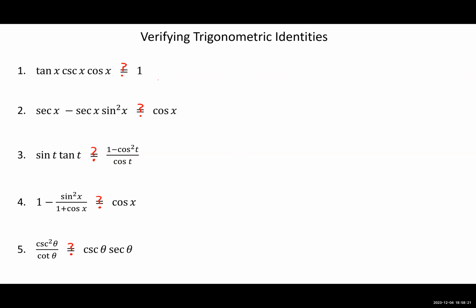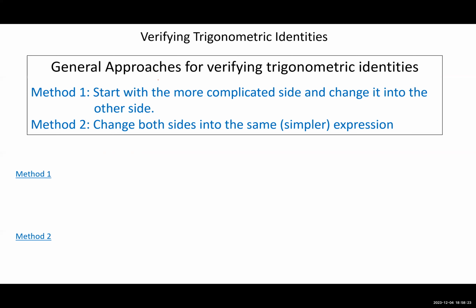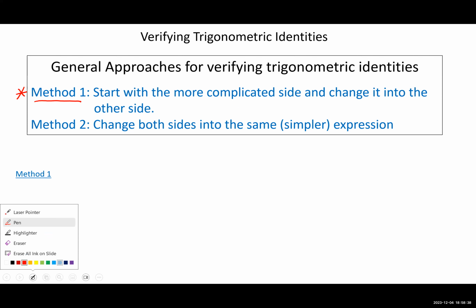Two ways to show an identity is true. 9 times out of 10, I use method 1. Start with one side and change it into the other side. Generally, it makes sense to start with the more complicated side and simplify rather than start with the simpler side and complicate it, right?